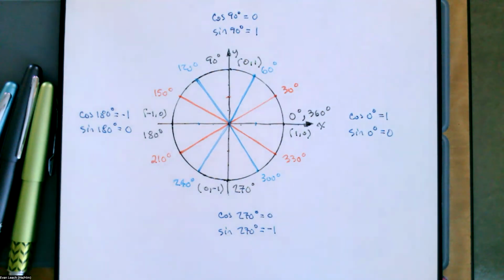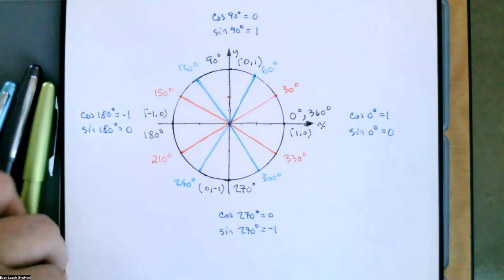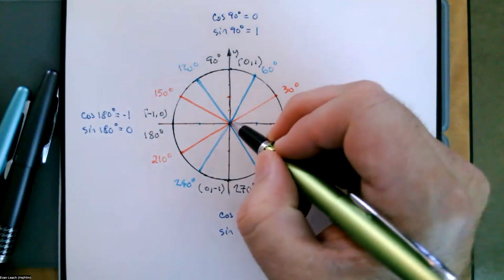And finally, I want a 45-degree reference angle in all 4 quadrants. So here you just start off at the middle and go up at a 45-degree angle.